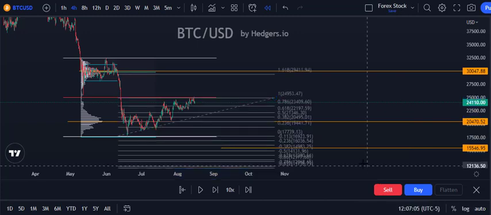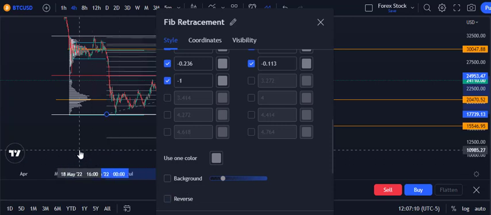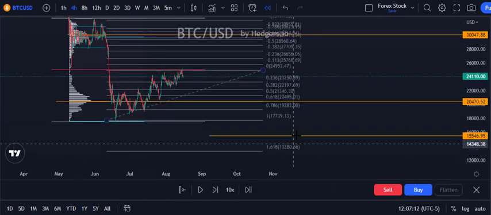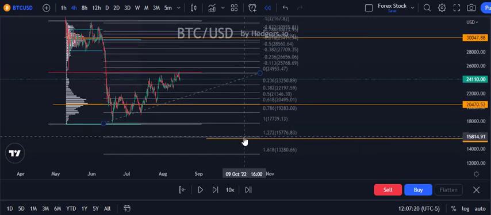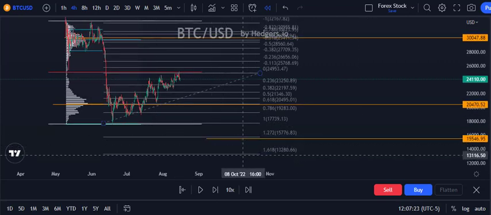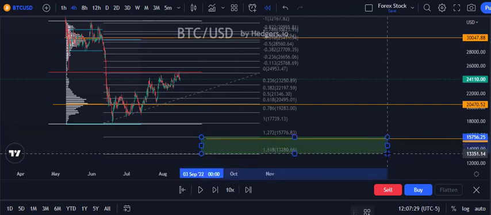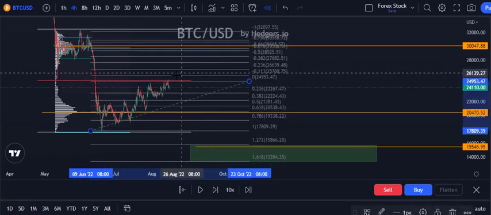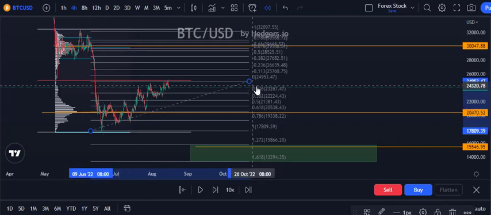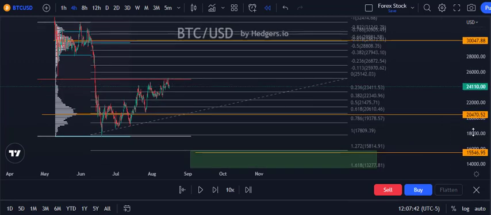For example, like this, 1.272 and 1.618. This was a really nice area of confluence for the reversal point. If you pull your Fibonacci from this point to the midpoint of the B-shape profile, you get to know that some of the price action is going to respect these levels.